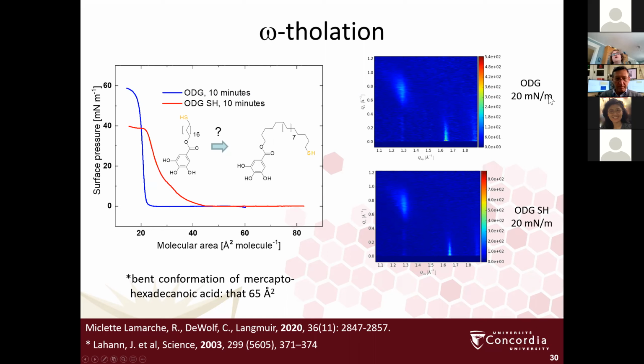So this is the octadecyl gallate on water. This is the octadecyl gallate with the omega thiolation on water also, and it gives us exactly the same diffraction pattern, which is quite telling that even the presence of a thiol group at the terminus of the alkyl chain cannot disrupt the strong intermolecular pi stacking between the head groups.